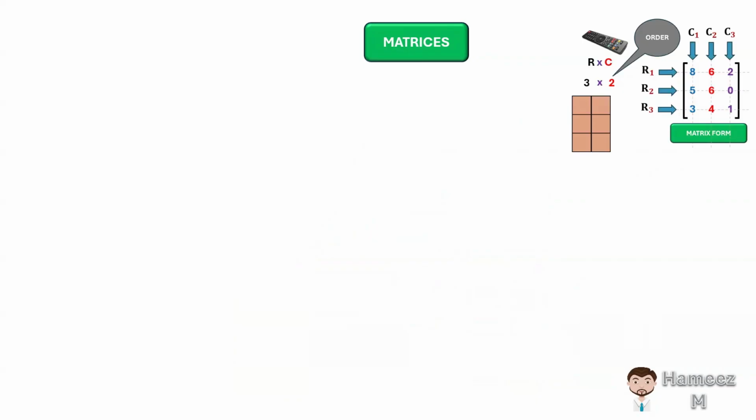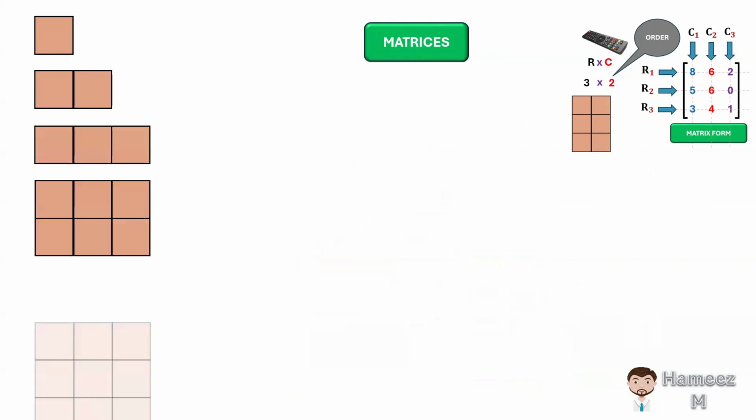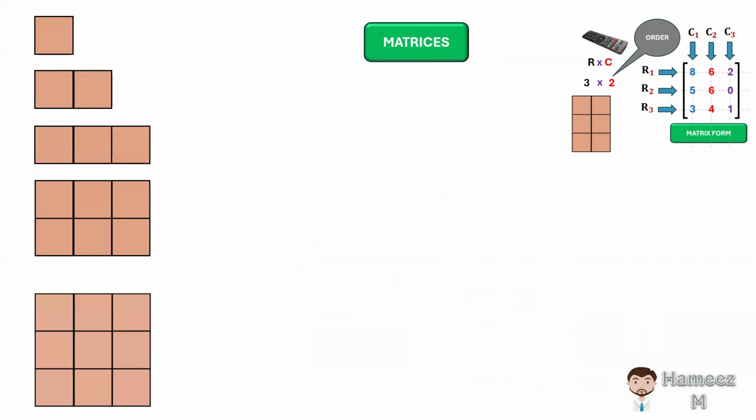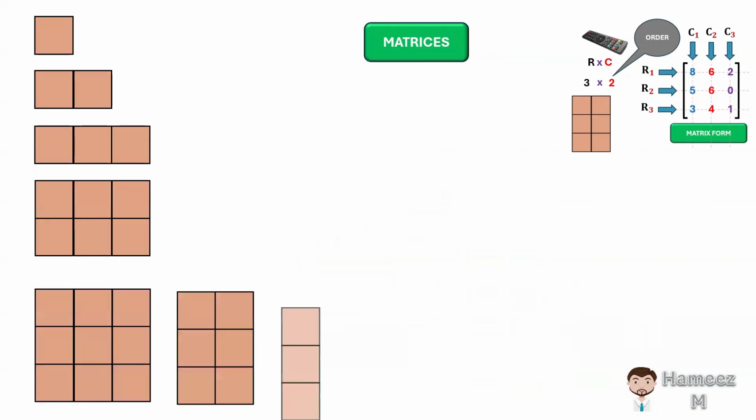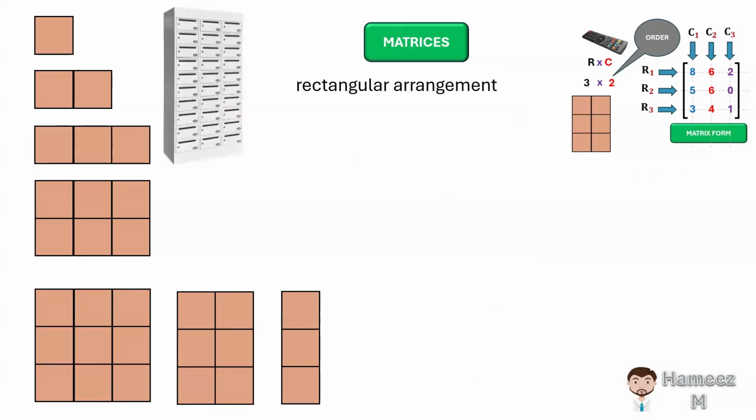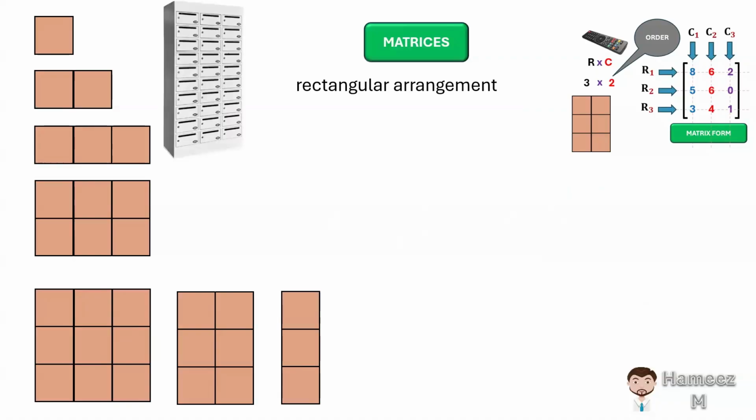Well, matrices could be represented as one square, or two going across, or three going across, or two layers, or three layers, or even making it slimmer, two columns or one column, and even more. So it is really like a set of post boxes, because it's this rectangular arrangement. Just like what post boxes will look like for an apartment building.